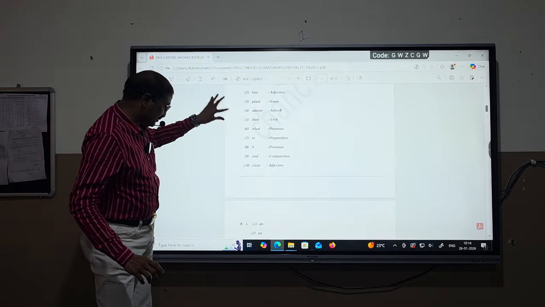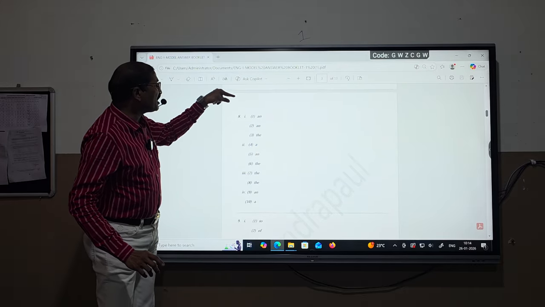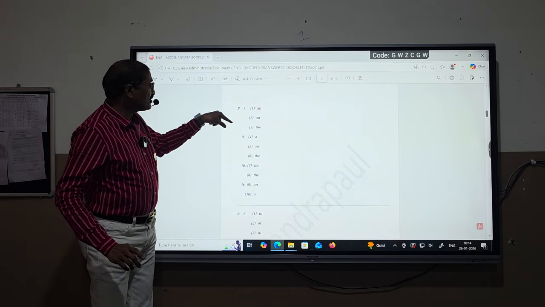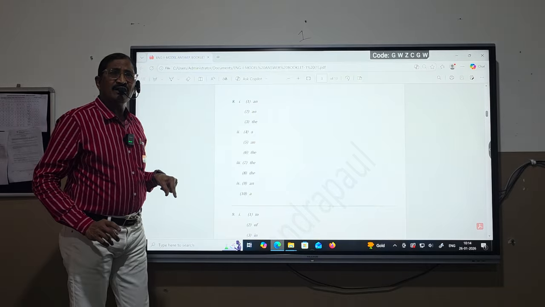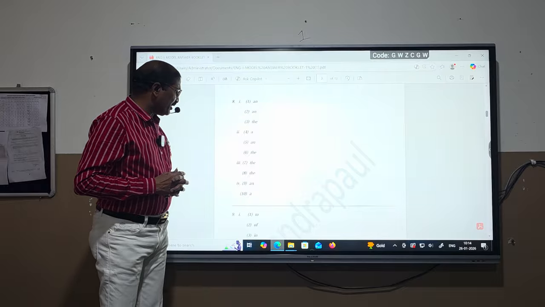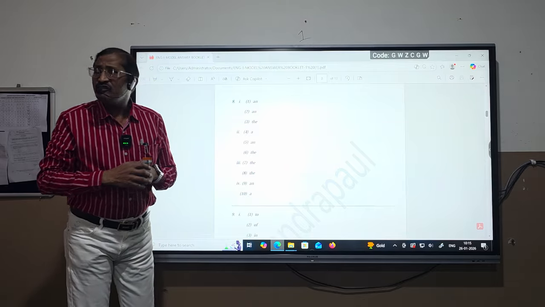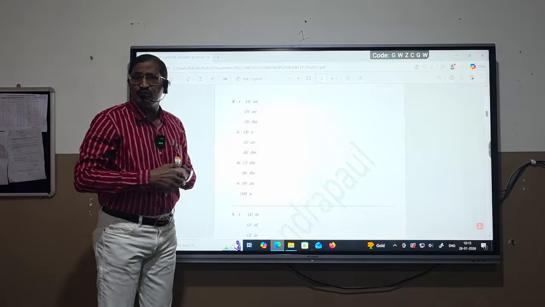Question number 8. What is question number 8? Here it is a confusing part. Sometimes they give you directly 10 sentences where the blanks are underlined and numbered.